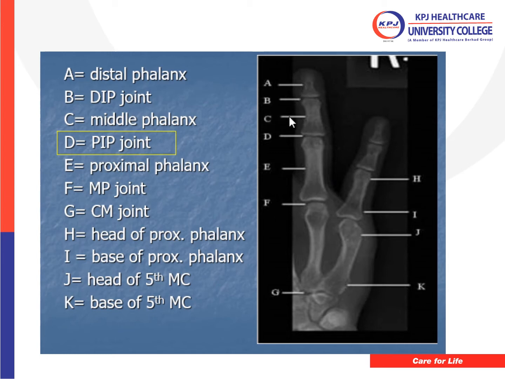Distal means distant from, not closer to, our body itself, so we call it distal. The interphalangeal joint here, proximal interphalangeal joint here, D. Distal and proximal. So this is probably the right side of the fingers projected.